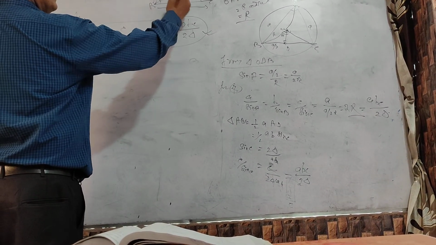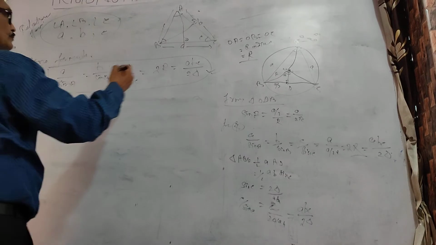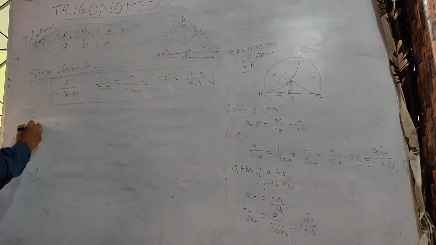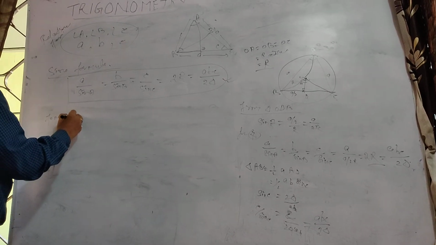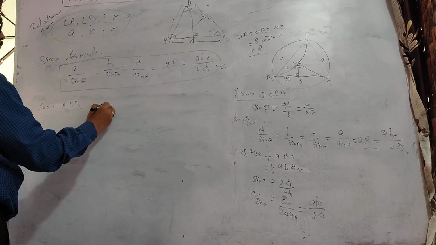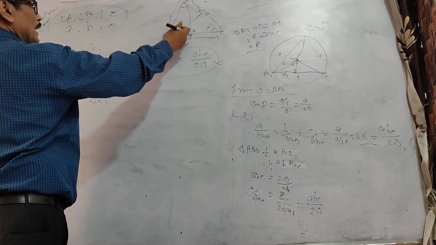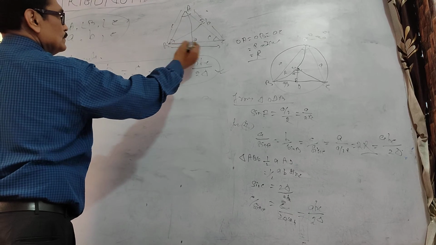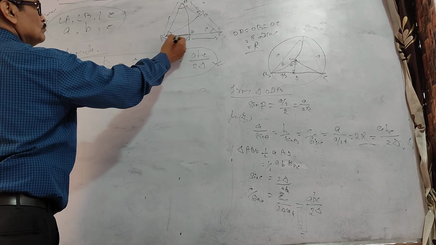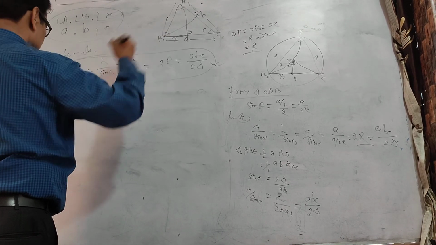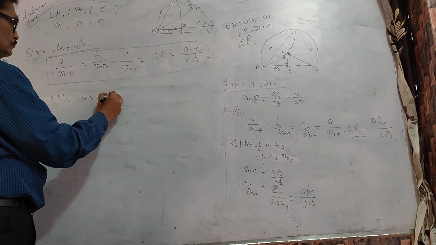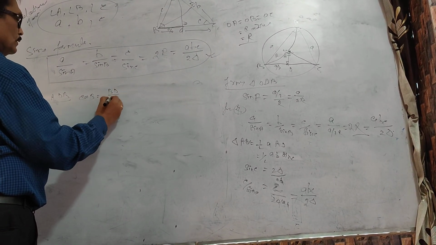Here from triangle ADB, cos B is equal to base upon hypotenuse, that is BD upon c.